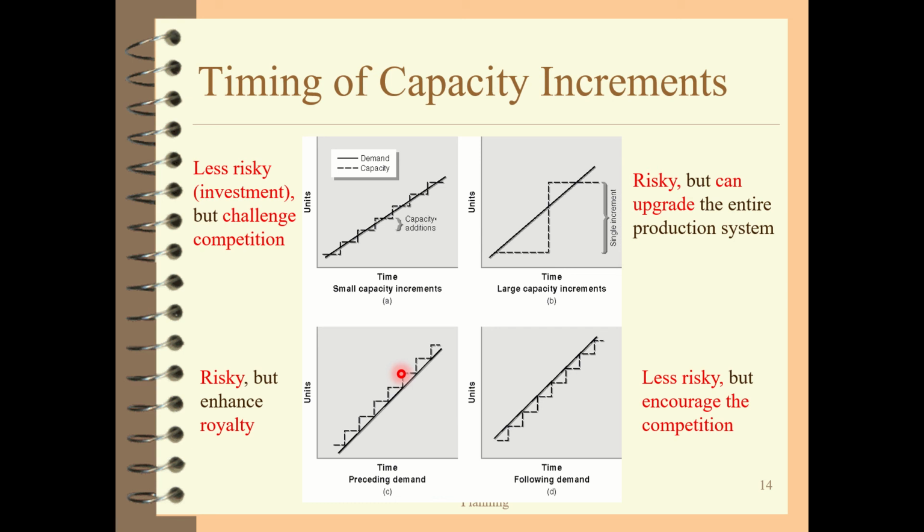You're always the one who always have the product for them. And if you increase the capacity following the demand, less risky, but encourage the competition, right? Okay, so it's up to you to select which one of the four approaches that you can use. This is timing of capacity increment.